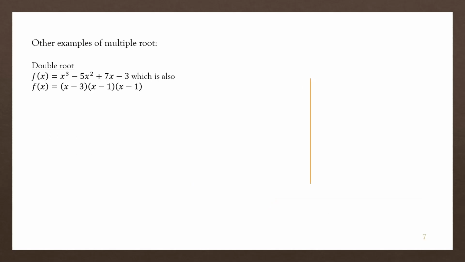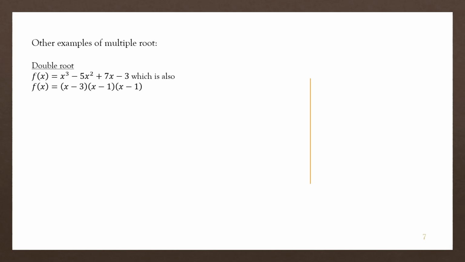There are other examples of multiple root, double root. The previous example was a double root as well. So this is another example of double root. The function is a cubic function, but if you expand it, it will look like this: (x minus 3)(x minus 1)(x minus 1).